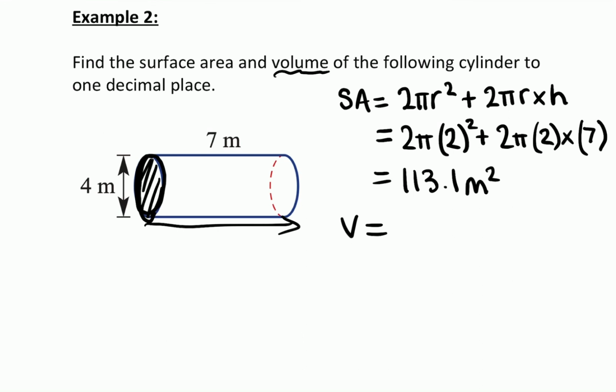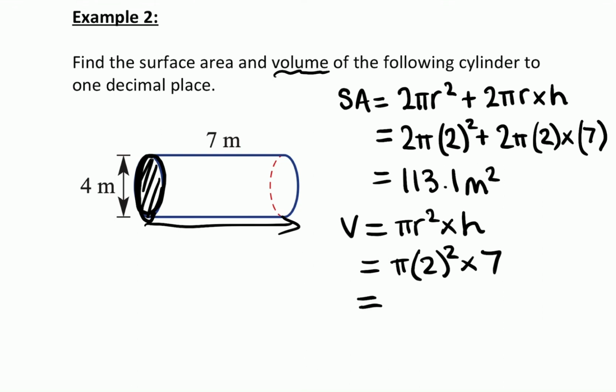So area of that base is pi r squared for a circle, times the length or the height of the prism. And our circle is pi 2 squared, because our radius is 2, remember, and our height is 7. So that's how we find the volume.